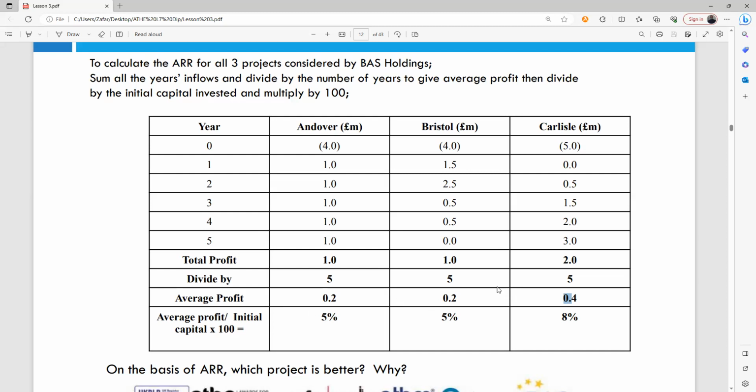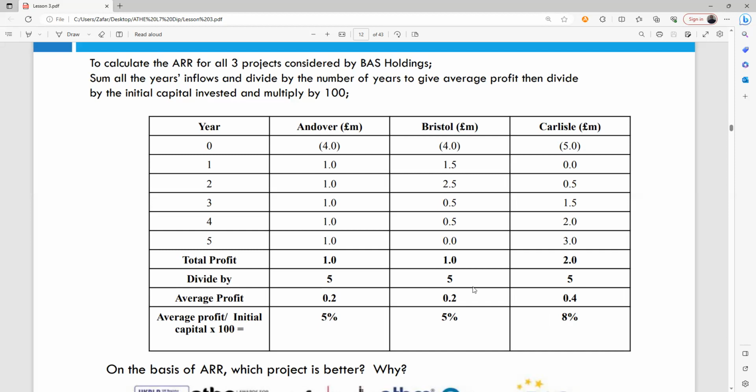Okay. 7 minus 5, which will give you the 2, which is the average profit, divided by your initial capital, which is 5, multiplied by 100%, which will give you the 8%. So if you can multiply that you can check it out. 2 over 5 multiplied by 100 is 8%. So this is the average rate of return.